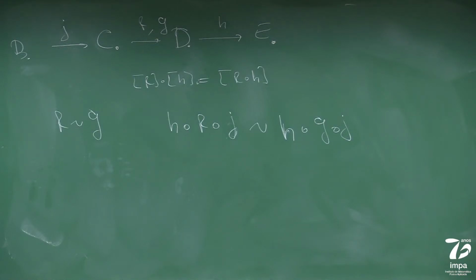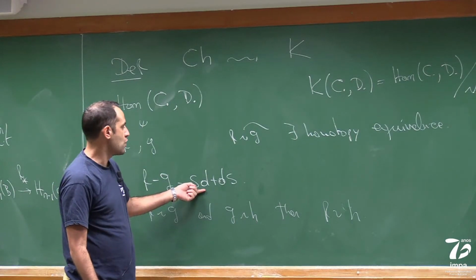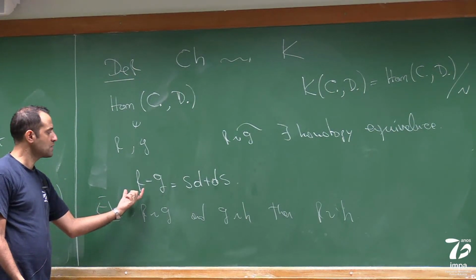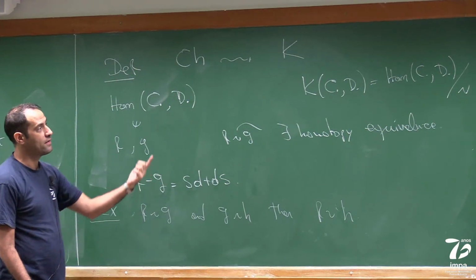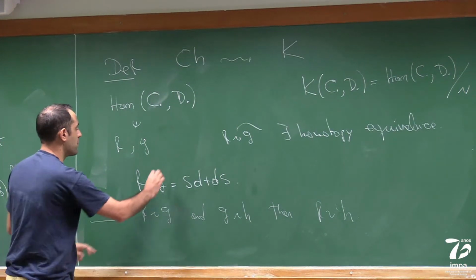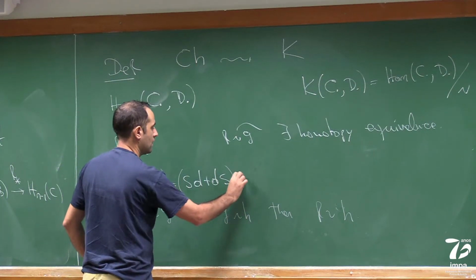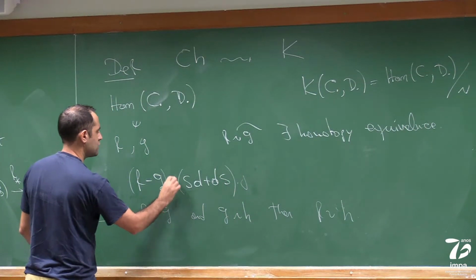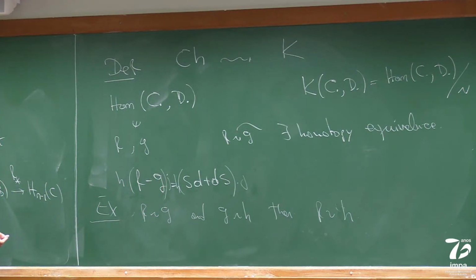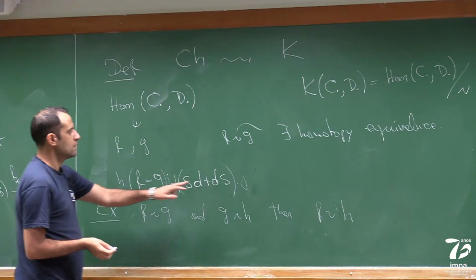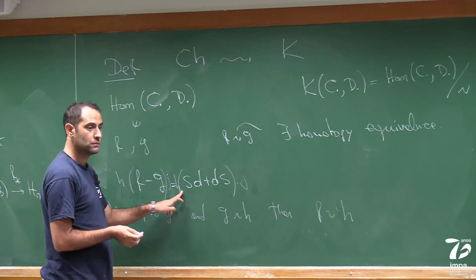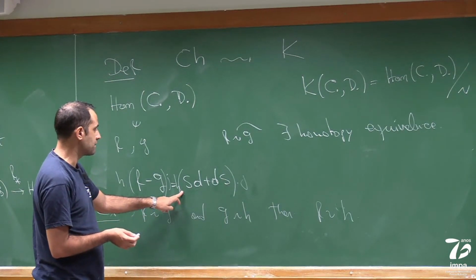What you do is you just use the same S. So you have this S for F and G, and now you compose and pre-compose both sides with J and H. Now J and H commute with D, they're maps of complexes.